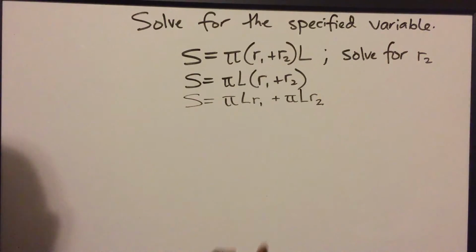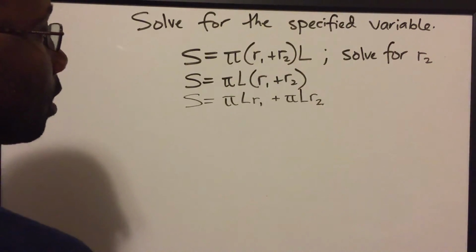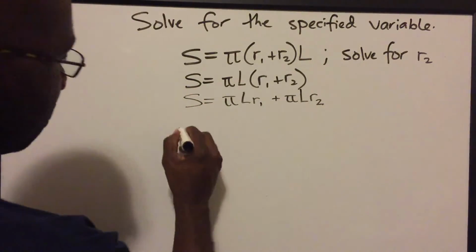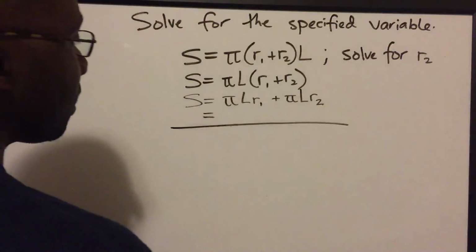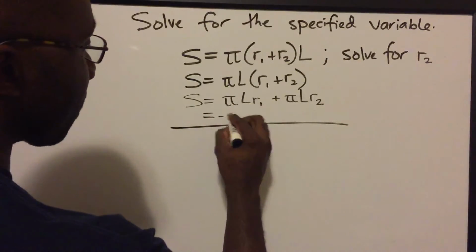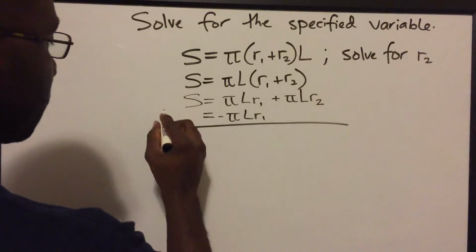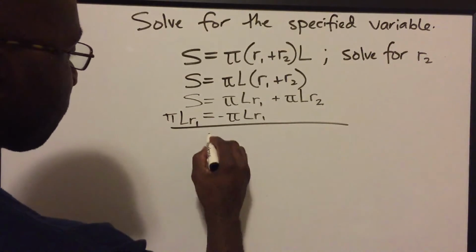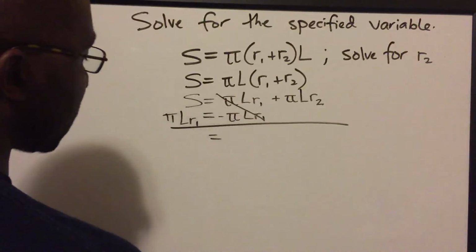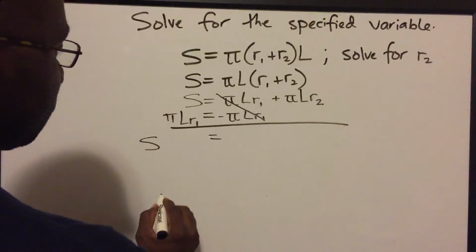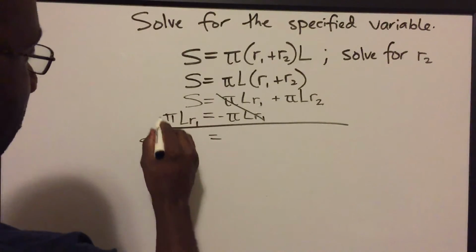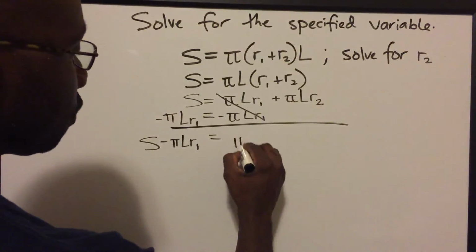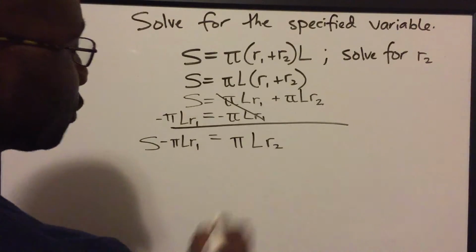Now that I have that, I'm still trying to solve for R2. I'm going to push this pi L R1 over here. In order to do that, I have to subtract it: pi L R1 from both sides. So this cancels out, and I have S minus pi L R1 is equal to pi L R2.